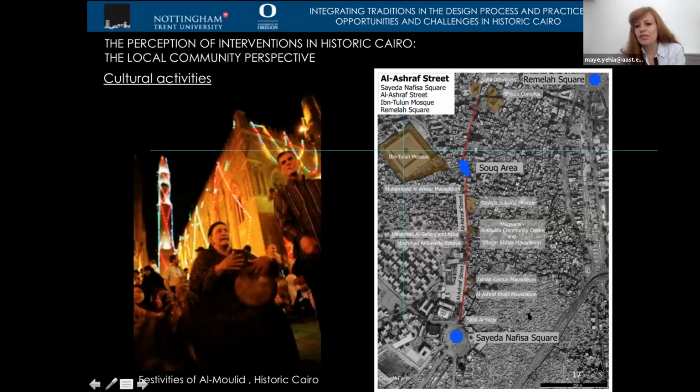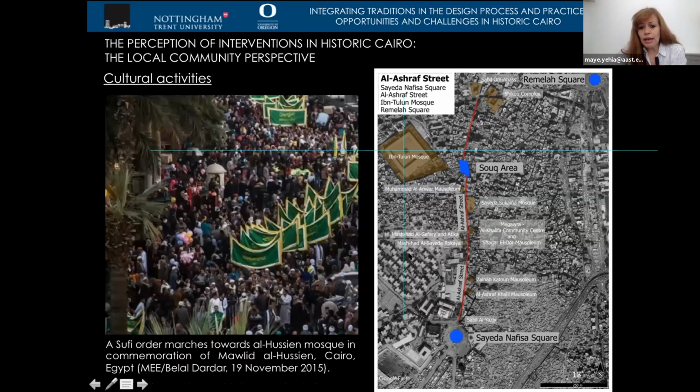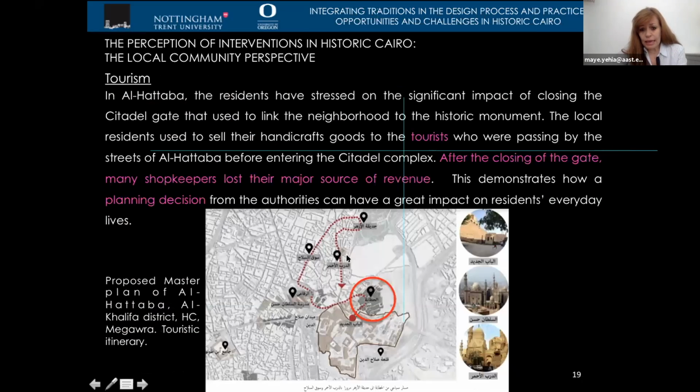This is where there is a concentration of a lot of mausoleums and places of worship when Moulids are held at different times of the year. So this is, for instance, the Sufi order marches and the itinerary of the route towards Al Hussein Mosque in the commemoration of Mawlid Al Hussein.